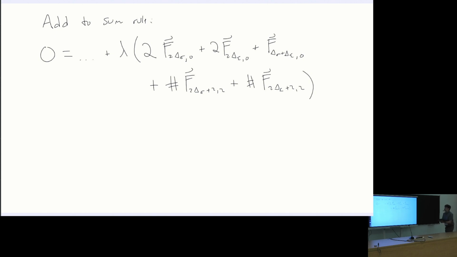So the point is that we define the navigator as the minimum value of this coefficient lambda. If lambda can be 0, then we're right on the boundary of the allowed region, and we can solve our original problem.